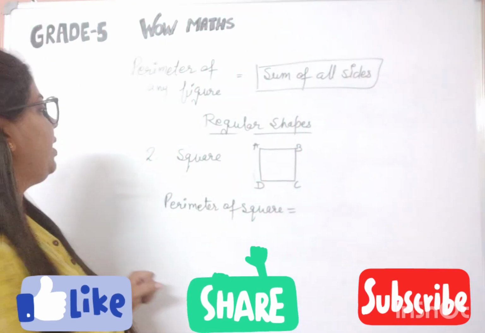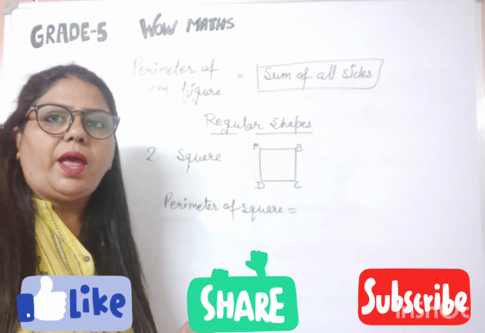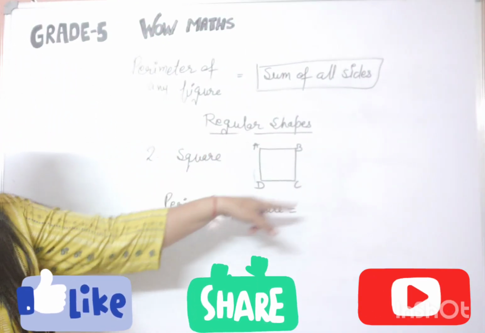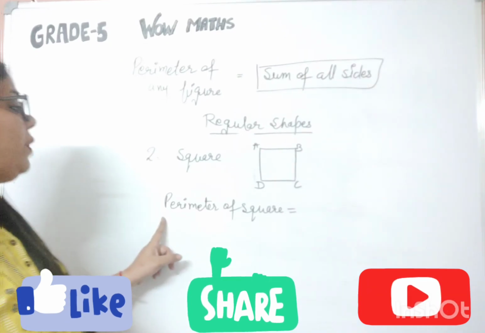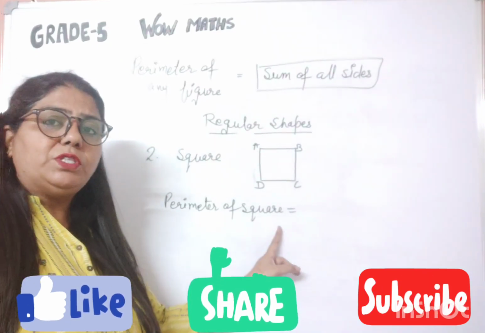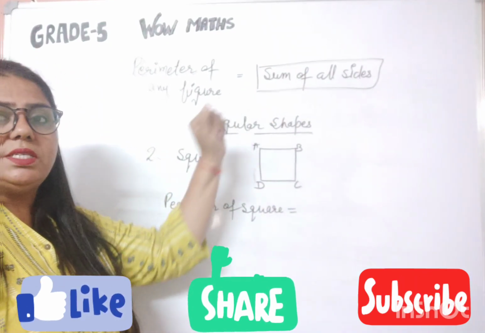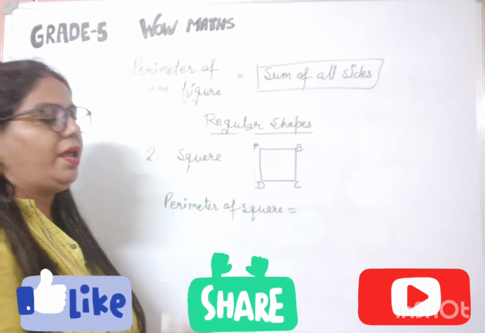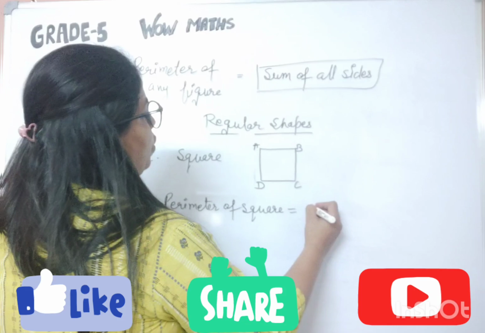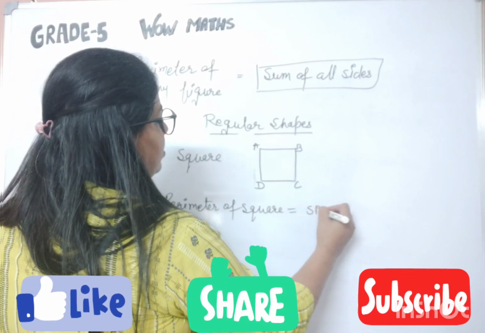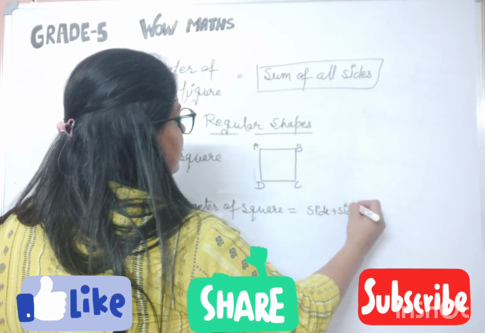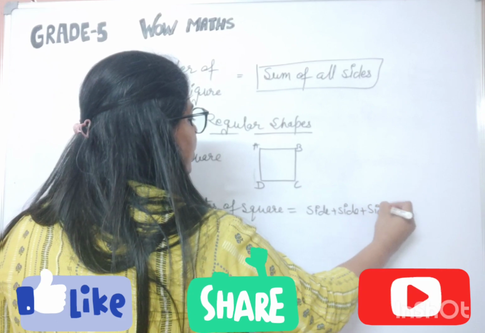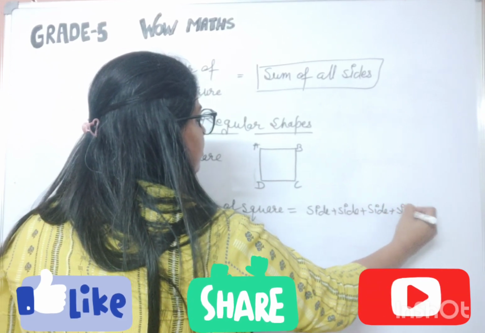Now the second regular shape, that is a square. As we all know, in a square all four sides are equal. If I want to find the perimeter of the square by the formula, sum of all sides, I need to add all four sides. So it is side plus side plus side plus side.